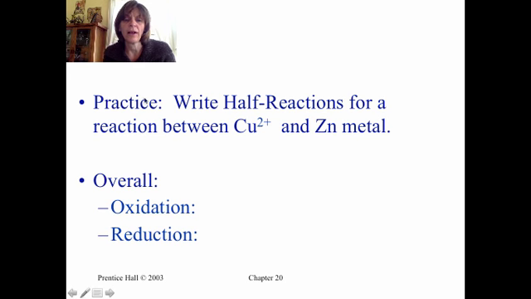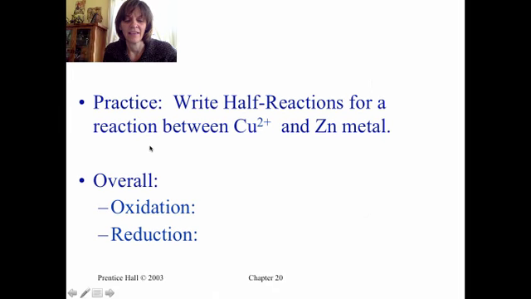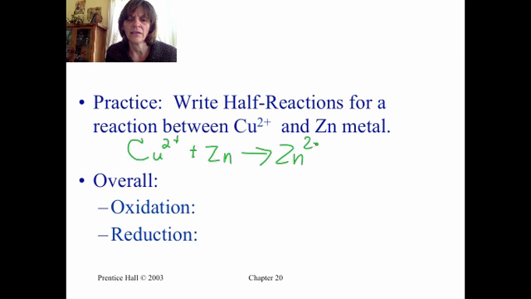So hopefully what you have from the lab is the copper 2+ ion reacting with zinc metal to produce zinc ions plus copper. That's the overall reaction. The oxidation is going to be where the electrons are lost.